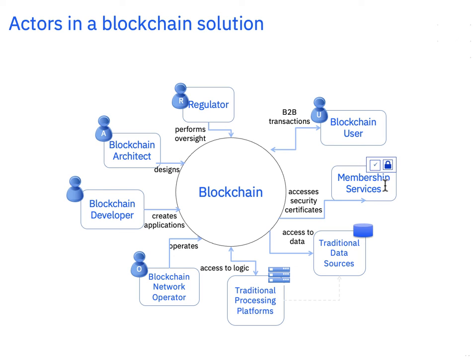Membership services will access security certificates and other things, traditional data source will access the data, traditional processing platform will access the logic, and operators like the blockchain network operator will operate the blockchain networks. Mainly I'll talk about the blockchain developers.